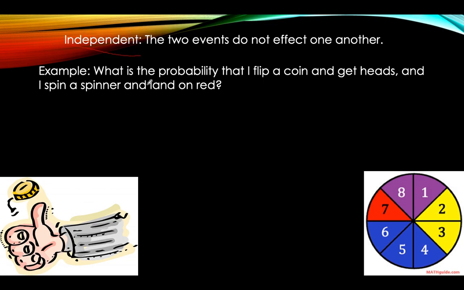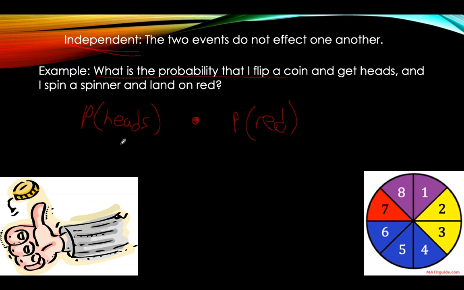And so the probability of independent events, we have two events, right? The probability of getting heads, and the probability of landing on red. We're going to flip one coin and spin the spinner. If we have two independent events, we can just multiply the two probabilities.